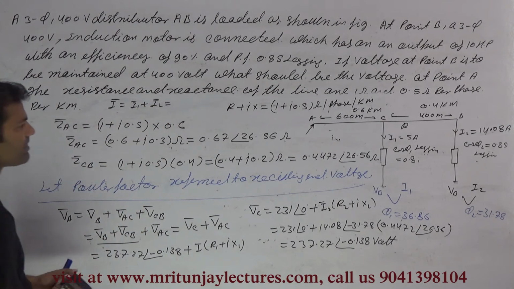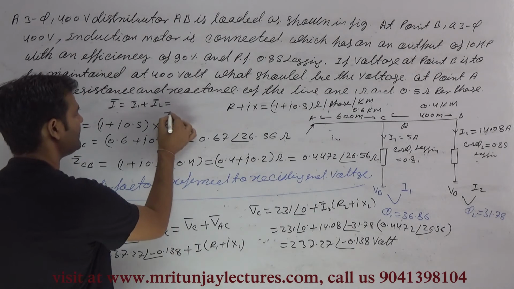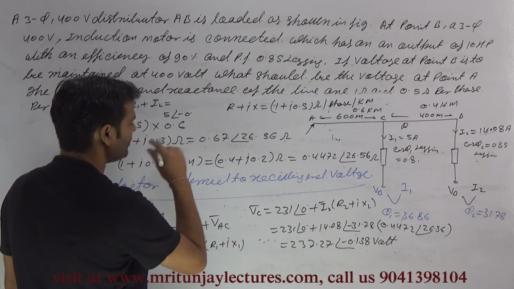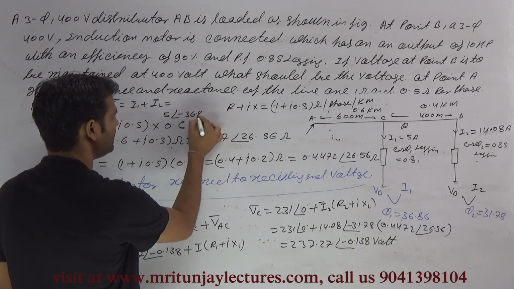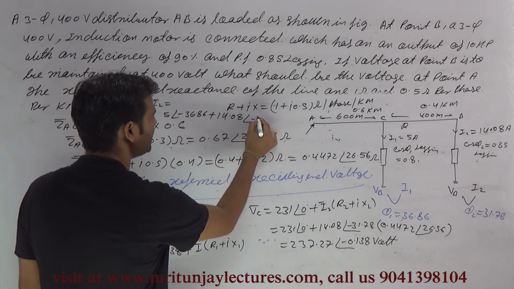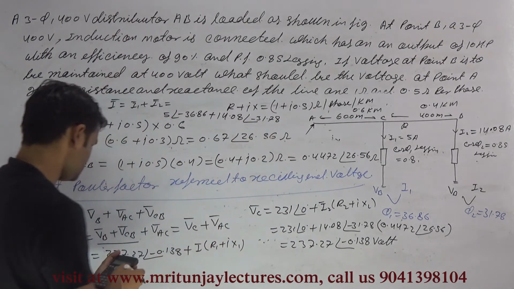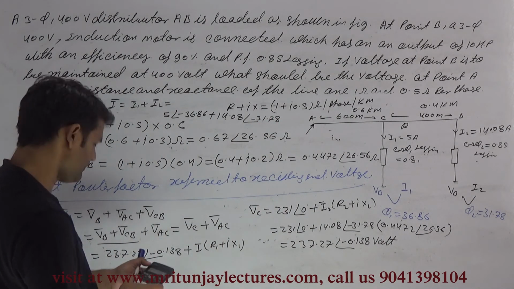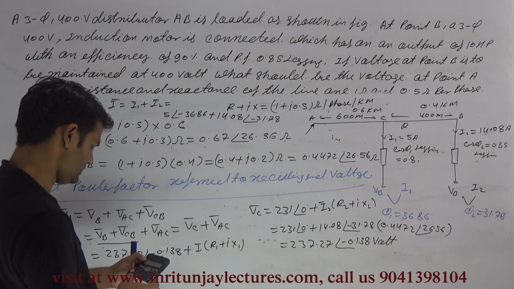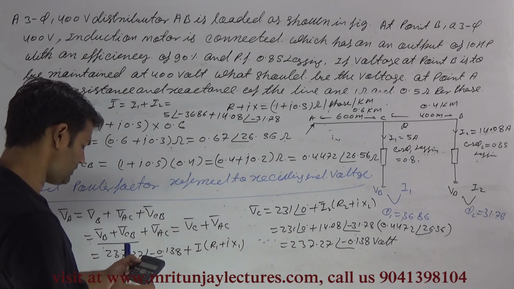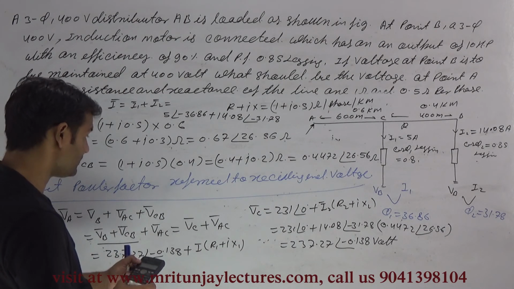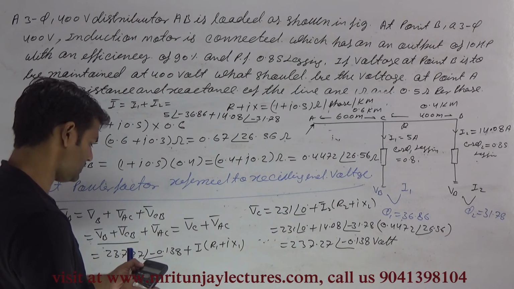I1 is 5 at the angle minus 36.86, plus 14.08 at the angle minus 31.78.